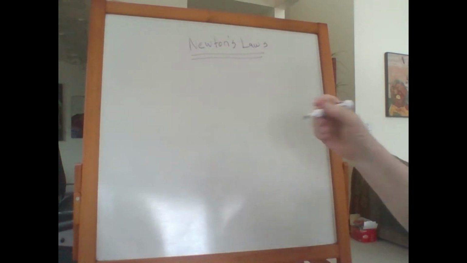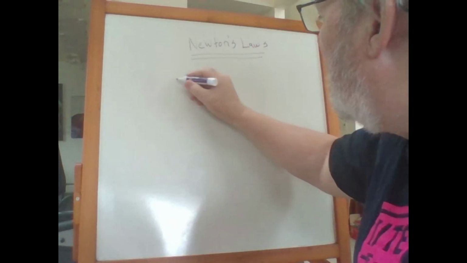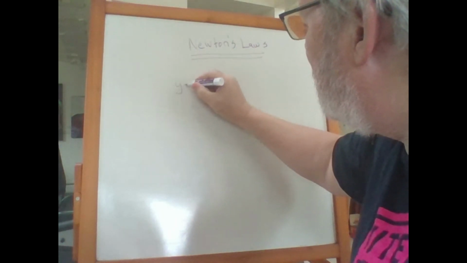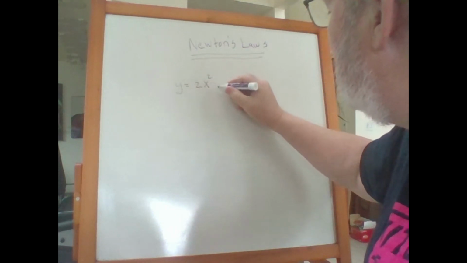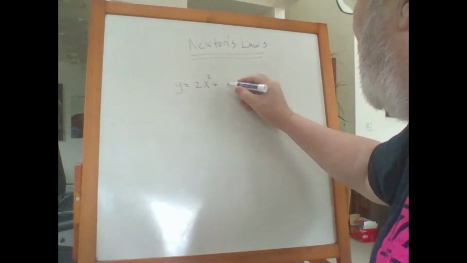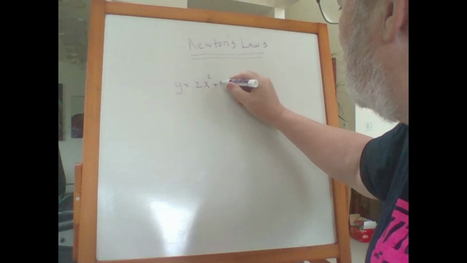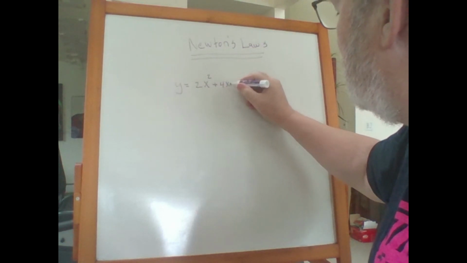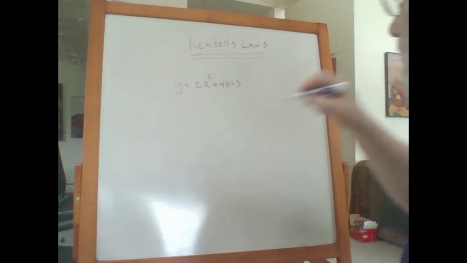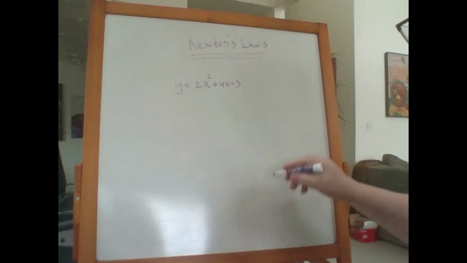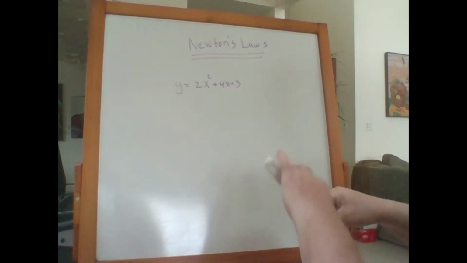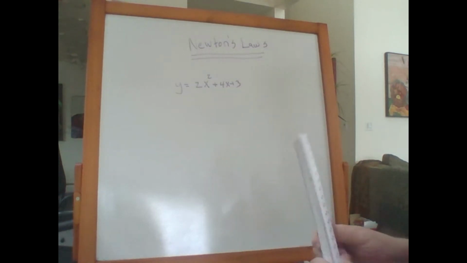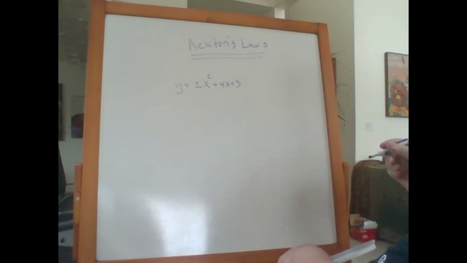Let's say we have y equals 2x squared plus 4x plus 3. Let's say we can plot this on an xy curve.